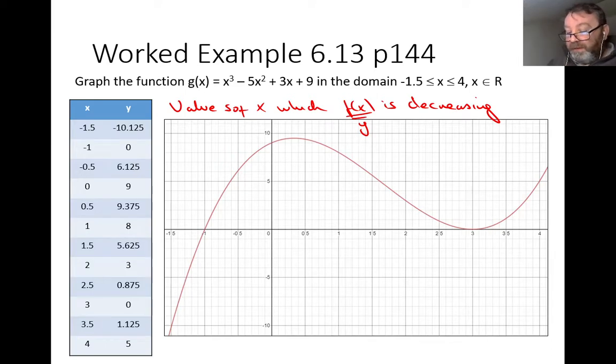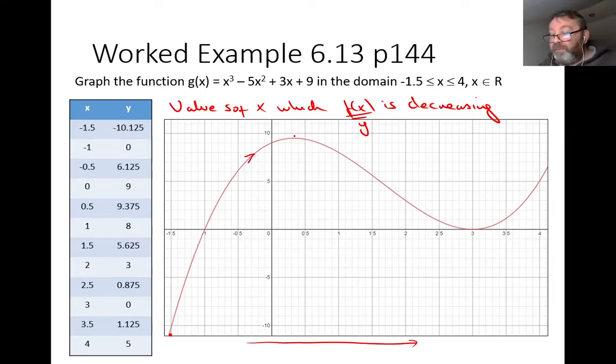Well, first of all, as I told you, we read from left to right. So if I come in here, what am I doing until I reach the turning point here? Am I increasing? So that's not what I'm interested in. All of this up to the turning point about here is increasing.